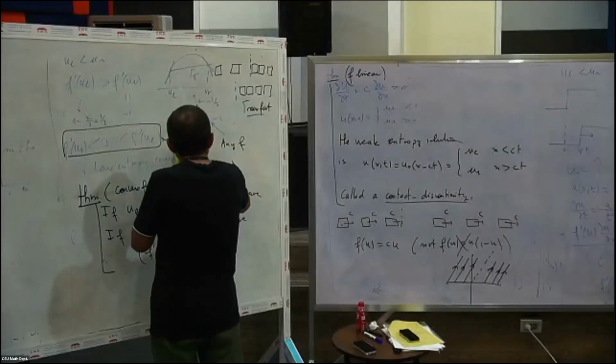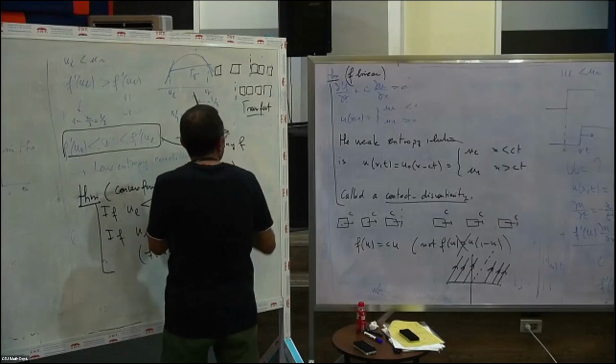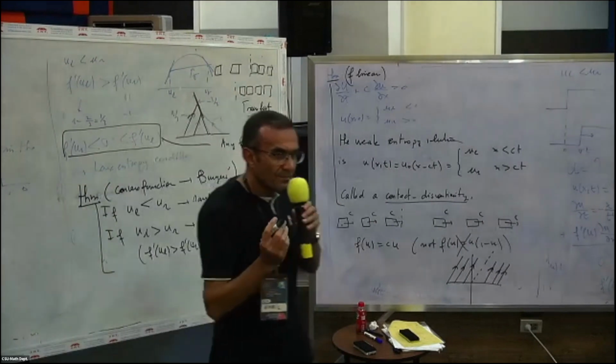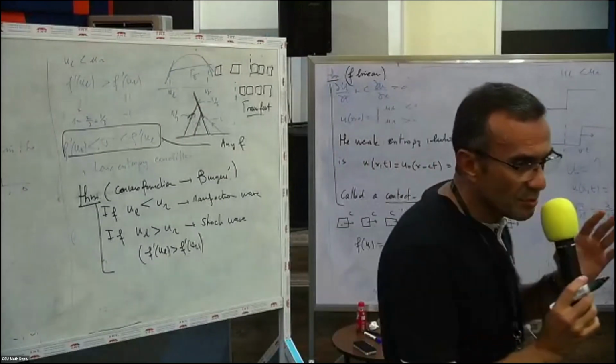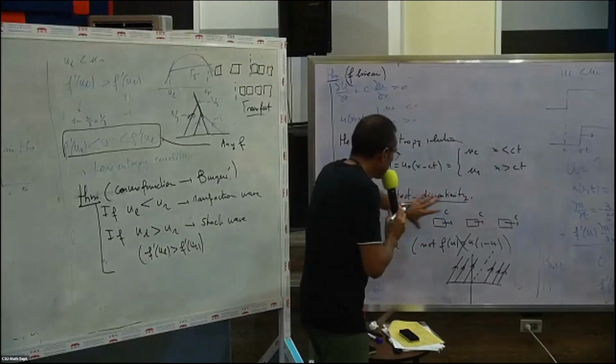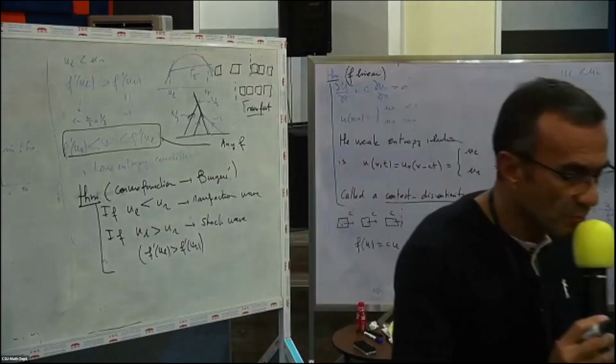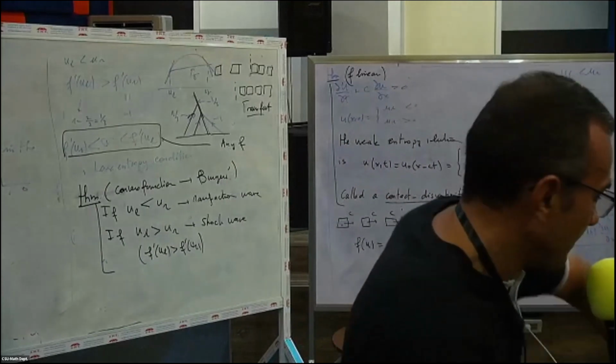You need information from the initial condition here and here to go to the shock. This is a shock, and there is some transfer. Here there is no transfer. They are not affected by each other, and vice versa. So this is important to understand what is a shock wave and what is not.